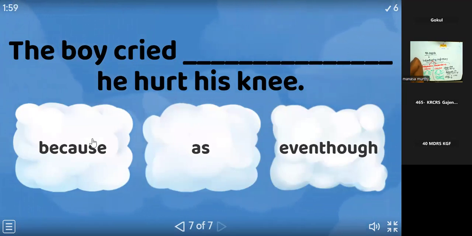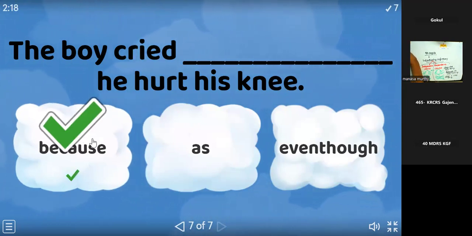I already told while I wrote fan boys, this particular conjunction gives us the reason why an event happened. Why an event happened. Which conjunction we use? Exactly, we use for over there. The boy cried for he hurt his knee. Here because is a subordinating conjunction.